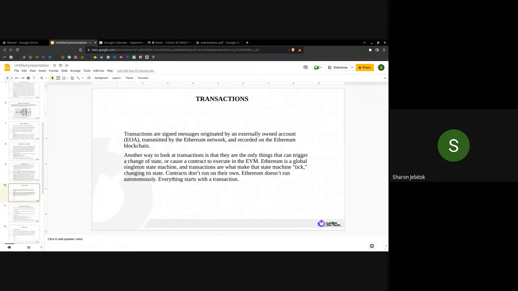Contracts can't run on their own. Transactions have to make it possible for the contracts to run. Ethereum doesn't run autonomously. Everything starts with the transaction.